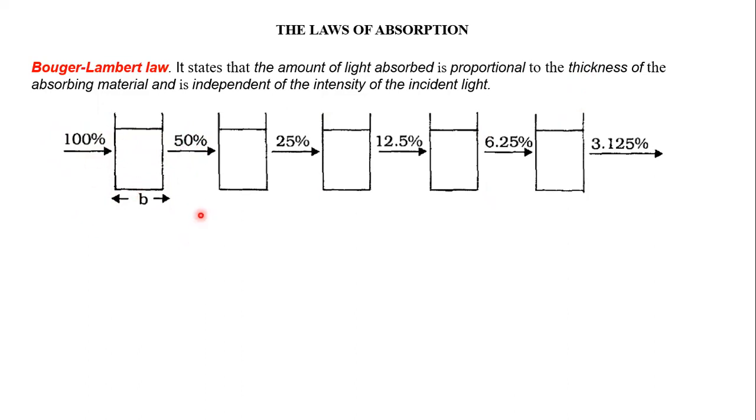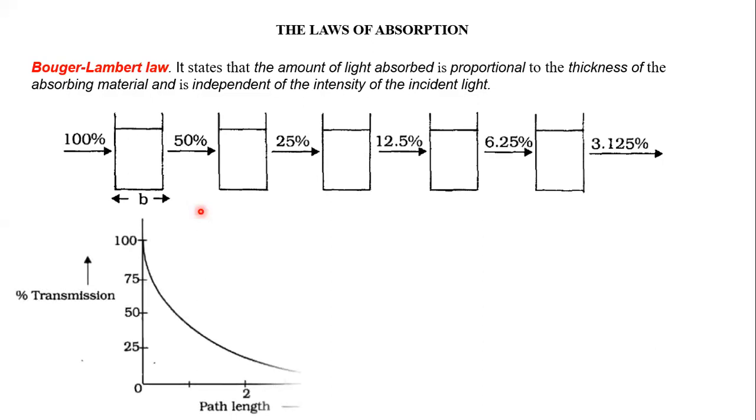So when you plot this type of absorption in terms of percent transmission, the understanding goes like this. The transmission is 100% when the path length or the thickness is 0, because path length 0 means there is nothing that is absorbing. I hope that you know how to read a graph.